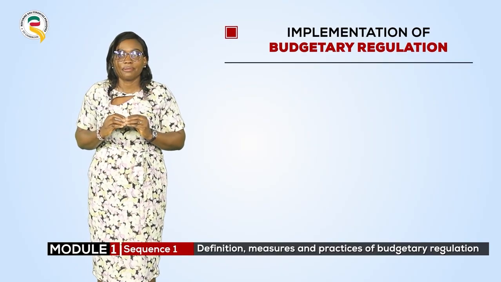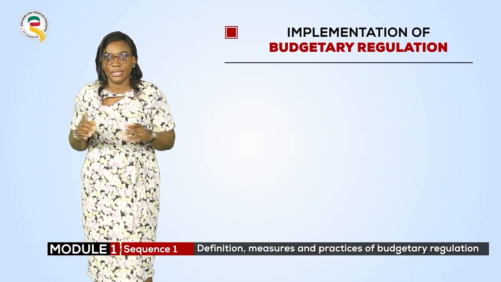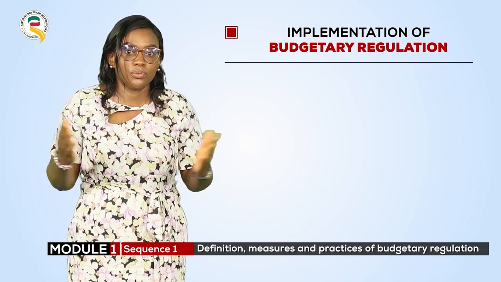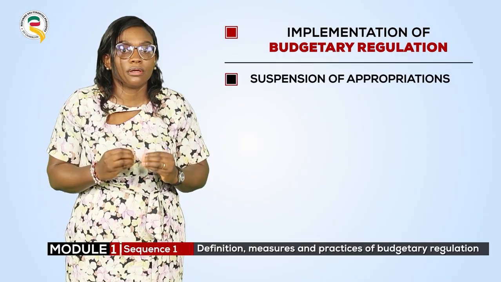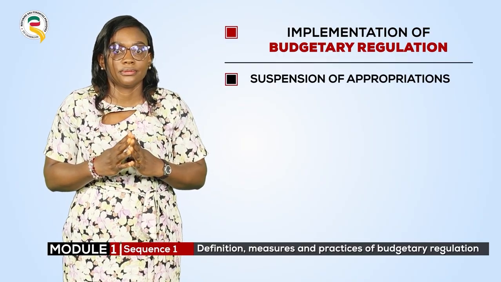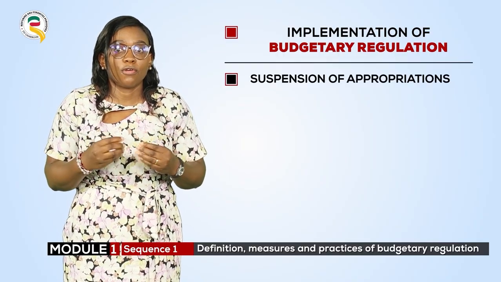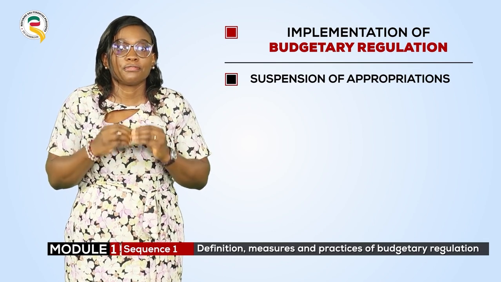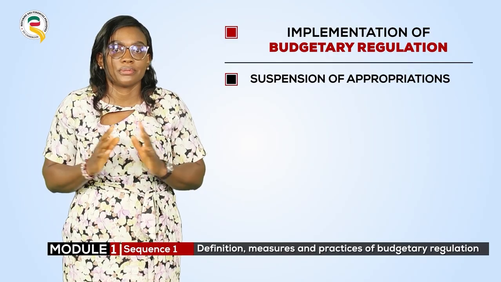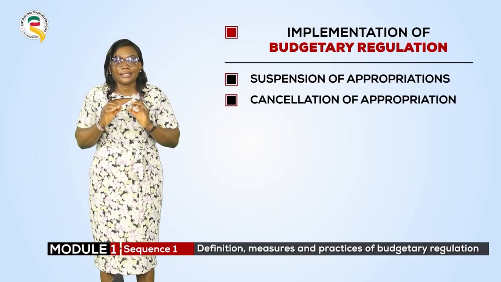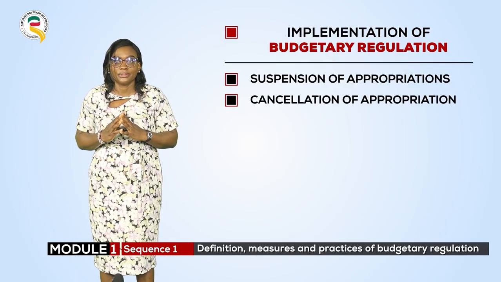Budgetary regulation can be implemented in several ways. These include, but are not limited to, suspension of appropriations. This takes the form of an instruction to the financial controller or the administration concerned. Cancellation of appropriation.